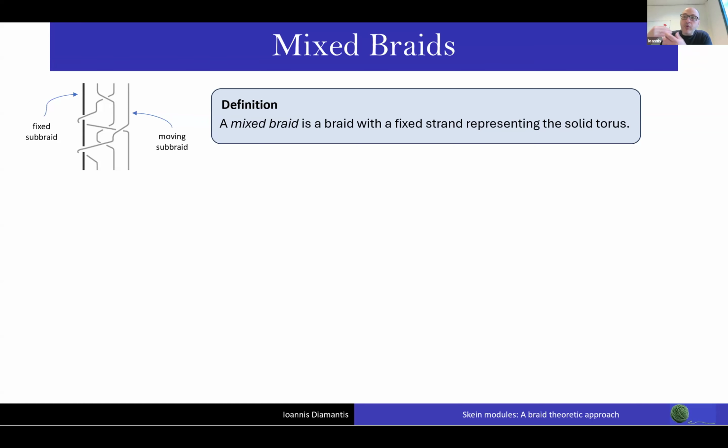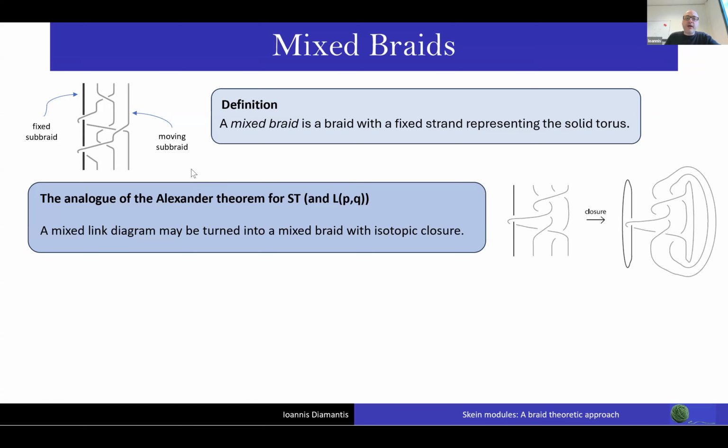And of course, as I mentioned in the outline of today's talk, we need the analog of Alexander's theorem in order to be able to proceed and go towards the analog of Markov's theorem. All right. So if I remember correctly, Lambropoulou proved that a mixed link diagram can always be turned into a mixed braid with isotopic closure.